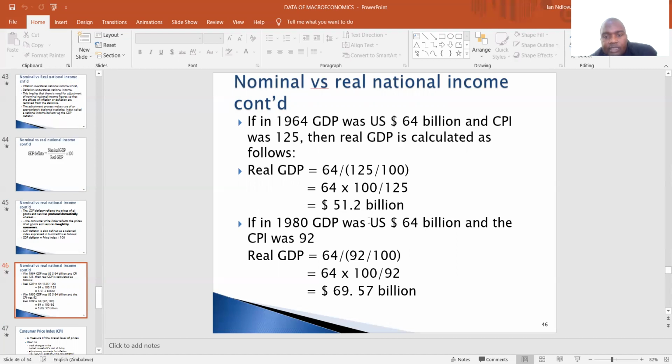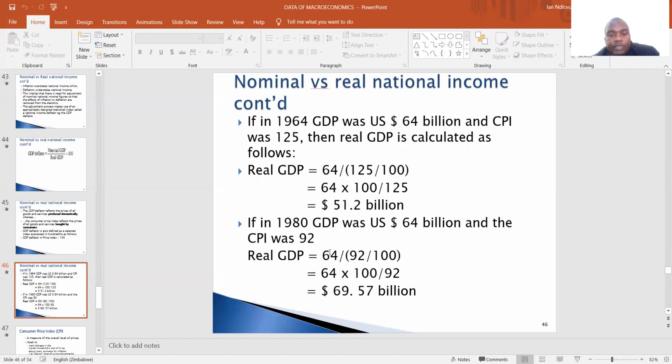If in 1980 GDP was 64 billion and the consumer price index had gone down from 125 to 92, in other words, there was deflation. Obviously, GDP understates the actual value of national income.